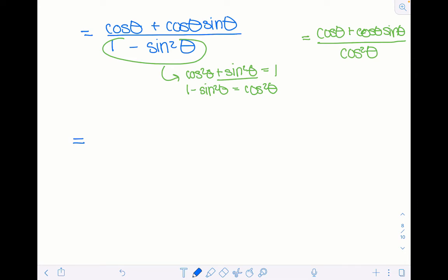To keep going at this point, you might see a common cosine that you can cancel out. I'm going to leave it for right now because instead I'm going to use the fact that I have a single term in the denominator, so I can separate these into two separate fractions. So I'm going to rewrite it as two separate fractions, and then I'll do the cancellations.